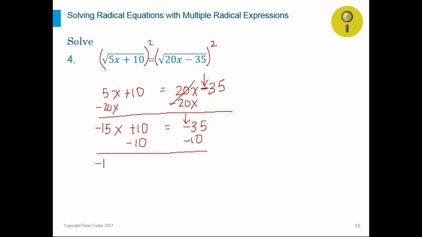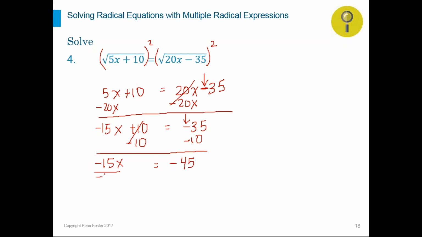So we're going to have negative 15x, that's a 0, equals to, we have a negative number minus a number, or negative plus a negative. Then you add the values and keep the negative sign. 35 plus 10 will give you 45, but your 45 will be a negative because both values are negative.